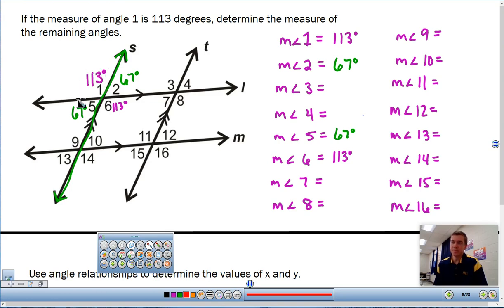This angle 1 and angle 14 are what type of angles? Alternate exterior, if you couldn't tell. Since the lines are parallel, those two angles would have the same measure. So 14 has a measure of 113.